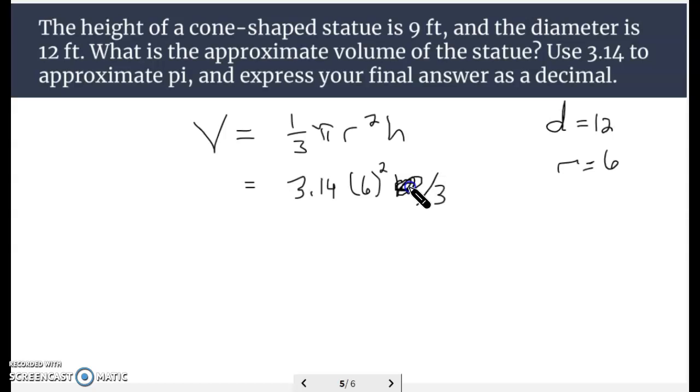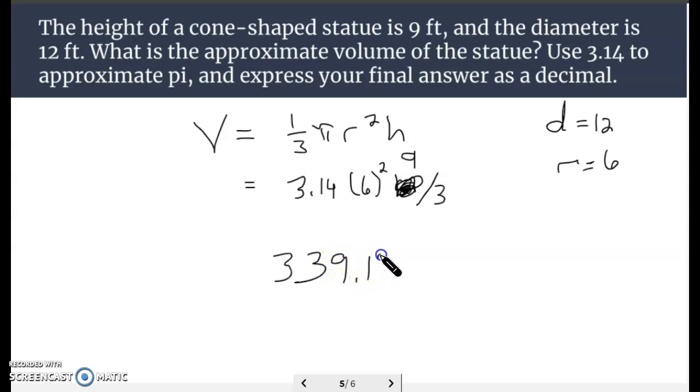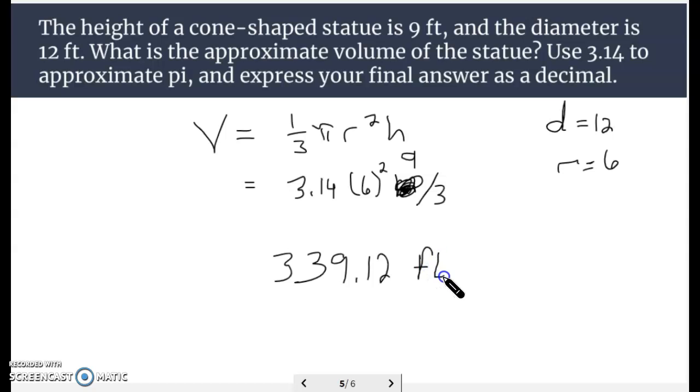It's not 12. We want the height to be 9. The height should be 9. 3.14 times 6 times 6 times 9 divided by 3. Here we go, 339.12, and that is in cubic feet. We'll say it just like that.